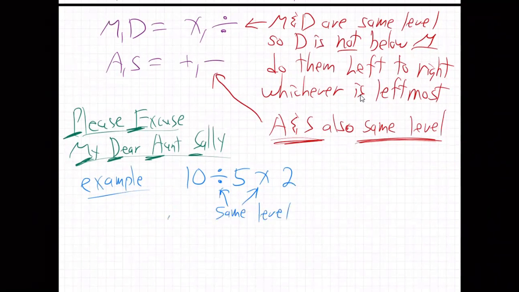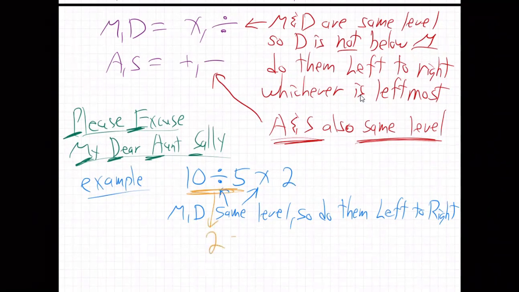M and D, same level. So what does that mean? Do them left to right. So what operation would I do first there? I would do the dividing. So I'd get 2 times 2, and 4 is the correct answer.